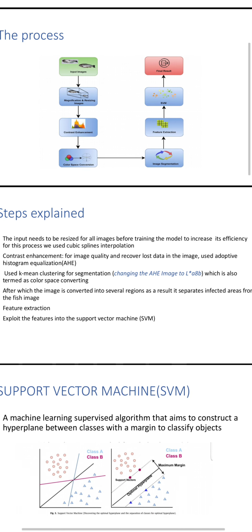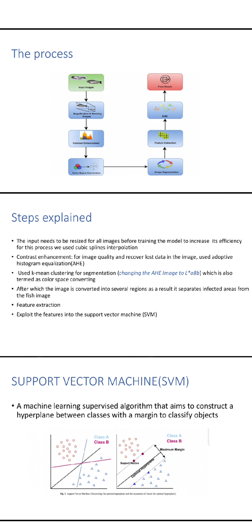If you have to explain the steps, we need to always resize all the images with our model, because it increases the efficiency of the process. And we use cubic spline interpolation for all the resizing of the images. If it takes an image in, whether big or small, it has to resize it to a standard size.